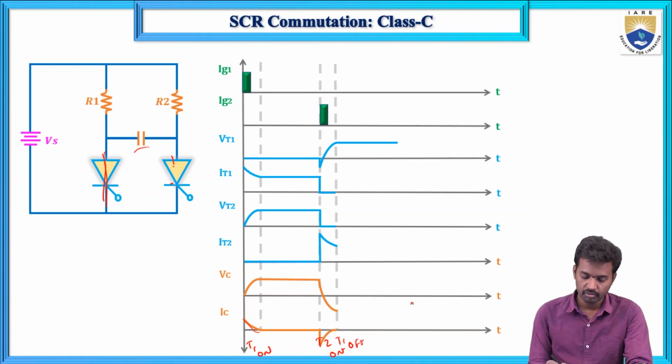Now this VT1 is same as this waveform, and IT2 is 0, IT1 is 0, and VT2 is 0, and IT2 is like this IT1, and next the VC value is negative, that is minus Vs, and IC value is 0, and next T1 is turned on.